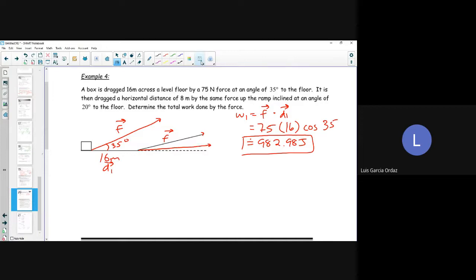I know my horizontal distance is 8 meters, but I need to figure out the distance I traveled going up that ramp.